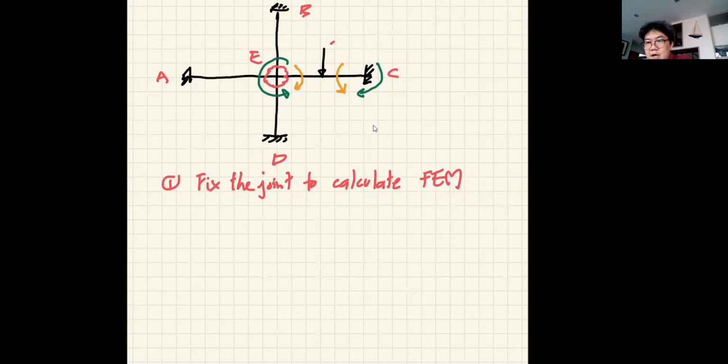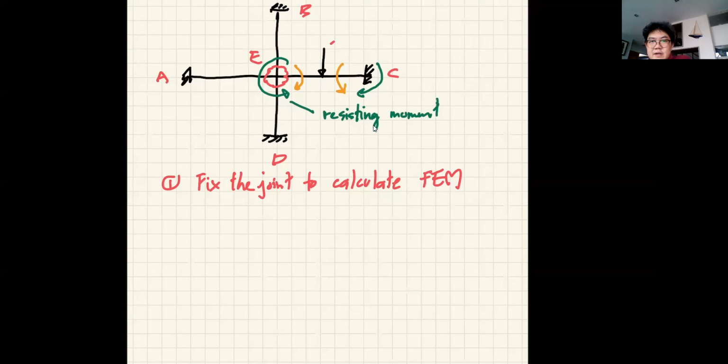So that becomes your resisting moment. Once this is complete, if you lock the joint, you can easily calculate your fixed end moment.